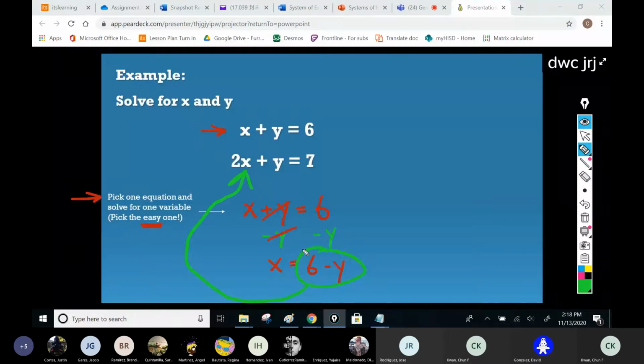I will replace the x, so that means you're going to get 2 times, with the x replaced by 6 minus y, and then I will keep everything else the same.